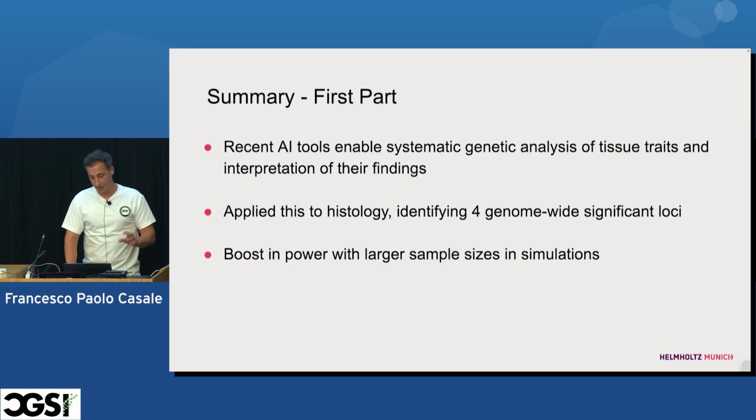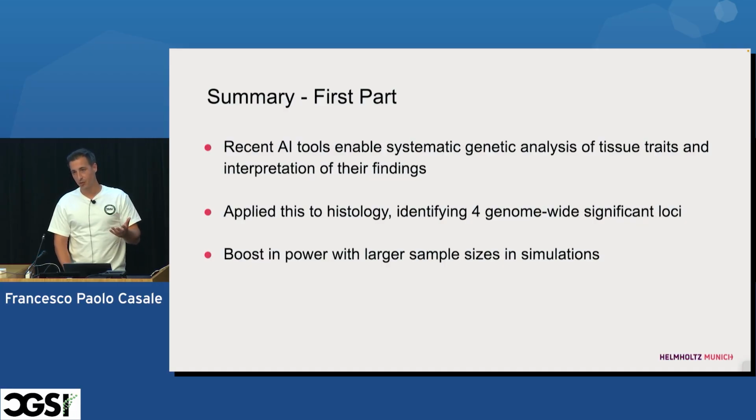And then I didn't show you that, but we did a power simulation where we showed that with increasing sample sizes, we see a great boost in power. So this shows the potential of this analysis once this data reaches the scale of thousands of people, also to help elucidate links between genetics and disease.